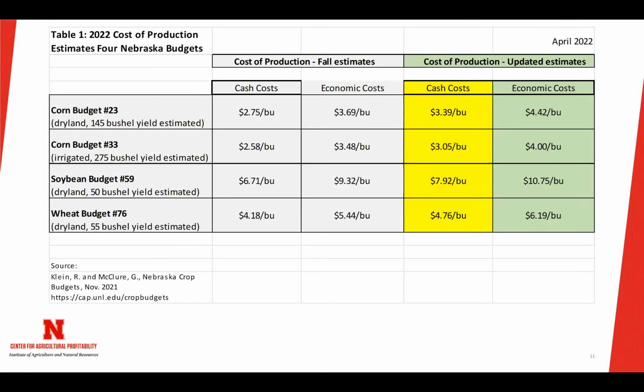Like corn budget number 23, a pretty standard dry land budget, 145 bushel, we went from a cash cost of 275 to 339, and I had this dated April. And then the economic costs went from 369 to 442. Economic costs for us means all costs, and that's an important figure to look at over the long run. Hopefully you can market your grain and have that cost covered so that you can reinvest back into your equipment and cover some of those depreciation and ownership costs.